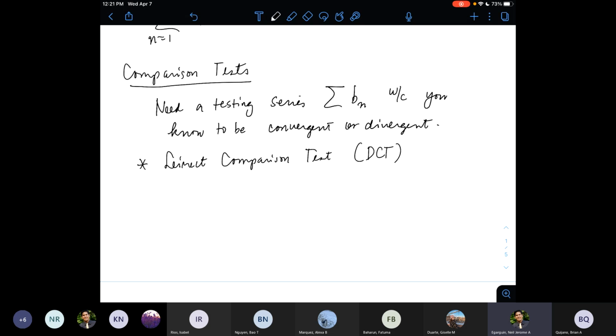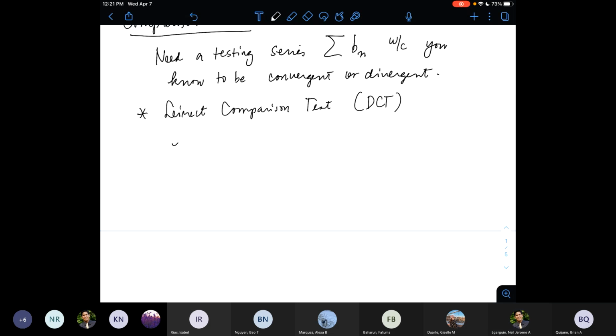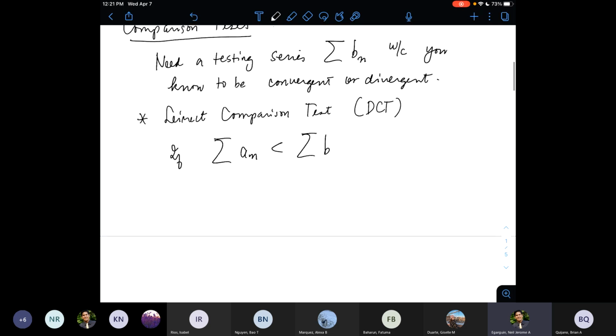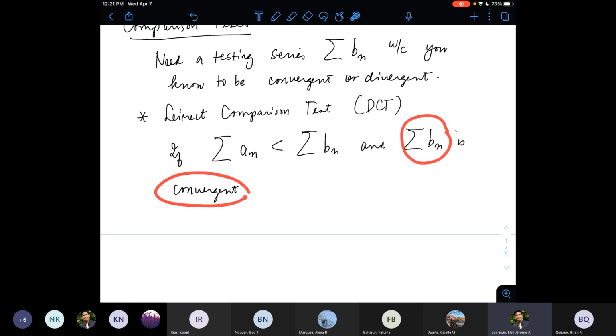And then we will compare the given series with the testing series. So for the direct comparison test, if the given series is less than the testing series, and the testing series is convergent. So the idea here is you have a testing series that you know to be convergent.